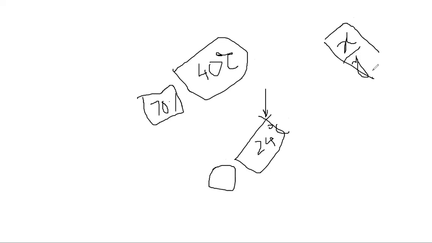And what will happen once we reduce the temperature from 40 to 24 degrees centigrade? Our Y value will reduce, because how much vapor the air can hold at 100% saturation at this temperature will be lower than at 40 degrees.